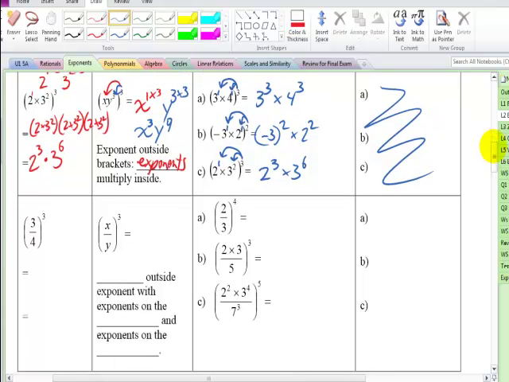Okay, last one, then rugby guys, you should go. This is going to equal 3 over 4 times 3 over 4 times 3 over 4. So the exponent multiplies into both of them, the top and the bottom. So 3 1 times 3, 4 1 times 3, sorry, I screwed that up, my fault. 1 times a 3, 1 times a 3, and so you get 3 cubed over 4 cubed.